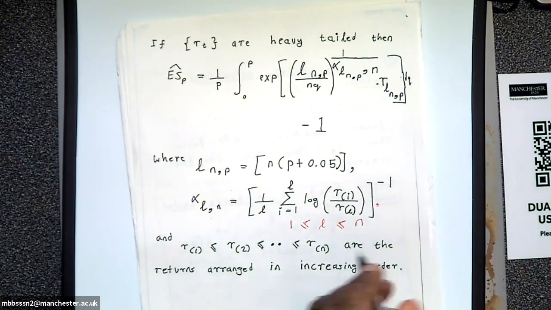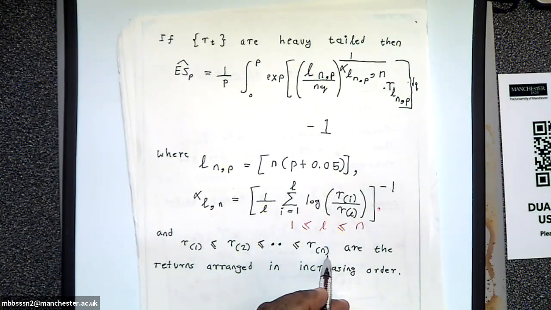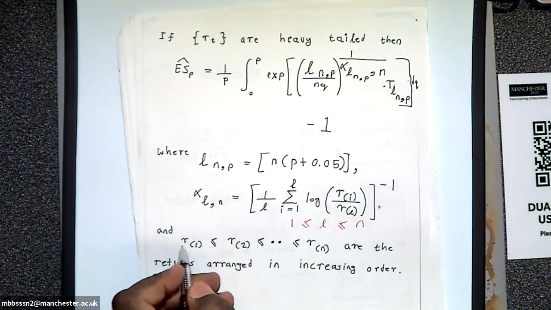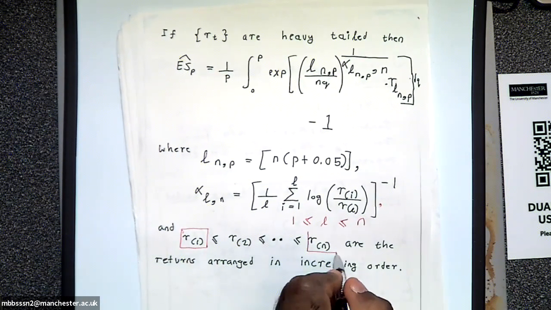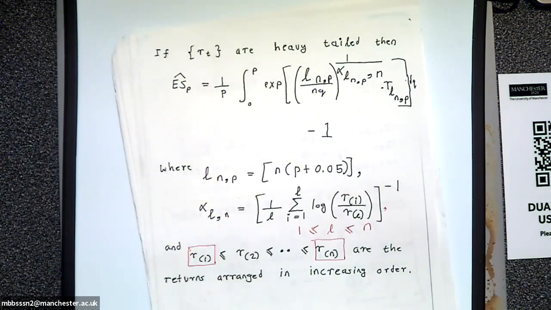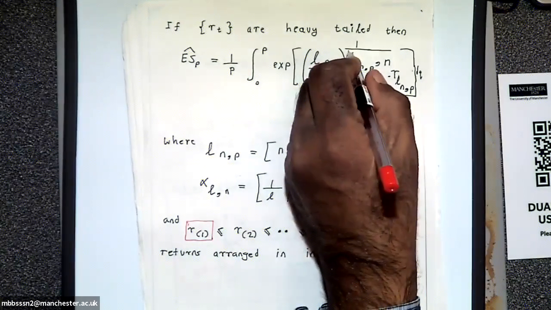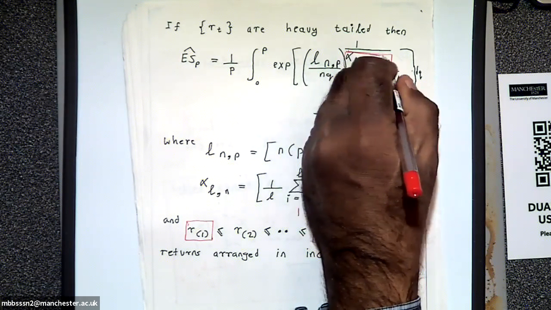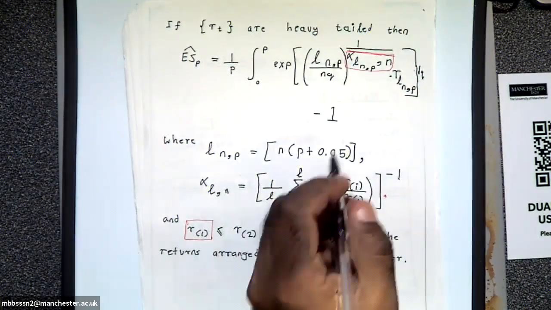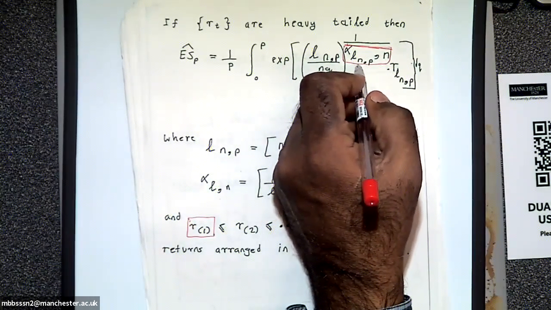And these R1 to Rn are the sorted values of the returns, right? In other words, this is the smallest of the returns, and this is the largest of the returns. Although it looks pretty complicated, I know it looks horrendous, but here you should read alpha as having two subscripts.